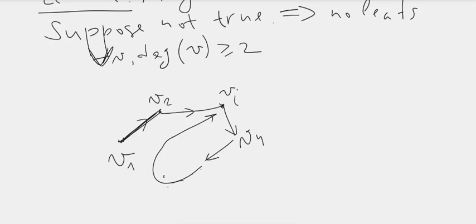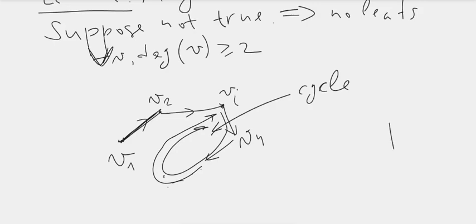Therefore, this path from Vi along this path would be a cycle. So this is a cycle, which is a contradiction because a tree doesn't have any cycles. So this proves the lemma.